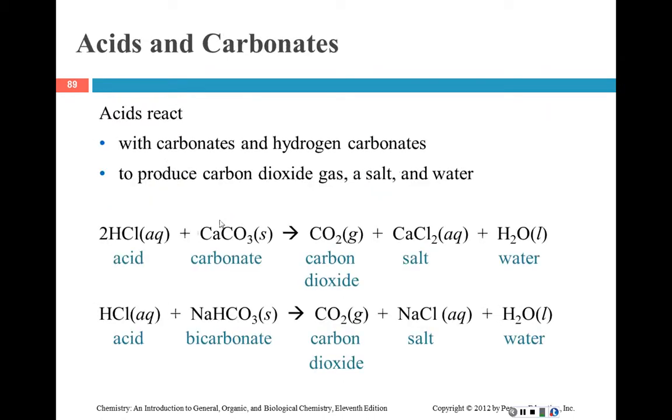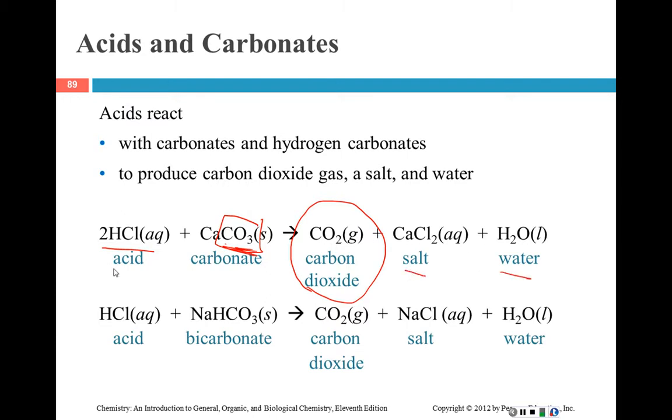When acids react with carbonates or hydrogen carbonates, they are also going to produce a gas, but this time, instead of hydrogen gas, they're going to produce carbon dioxide. That makes sense if you look at this reaction, because a carbonate has C and O in it, right? So you've got carbonate and you've got an acid, and you're going to produce carbon dioxide, and again a salt and water.